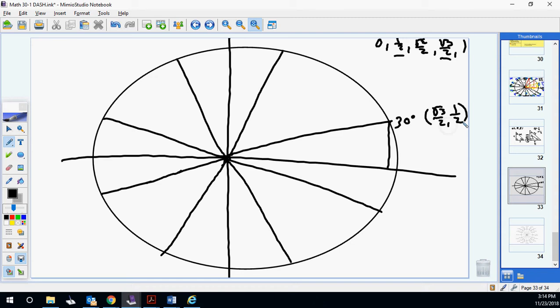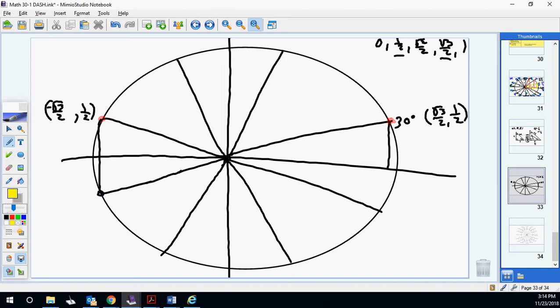Now, how this works is that unit circles are symmetric. So this value here is the same as this value here. It's the same point. The only thing that changes is the sign. This is still root 3 over 2 for x, 1/2 for y, but I'm in the second quadrant, so I know my x is negative. Conversely, this right here is going to be the same, because it's also the same cut.